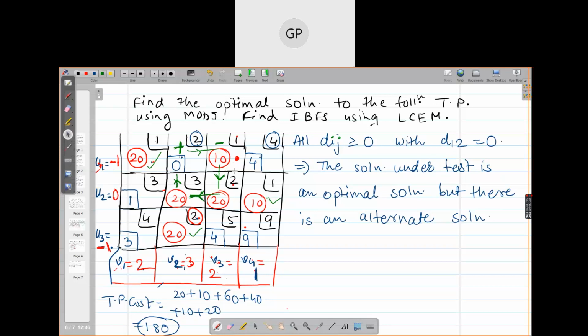And around that, you have to find an odd number of occupied cells to form a loop. So here I can very easily locate the loop. Yes? Yes, ma'am. Bipashini, is your doubt clear or not?